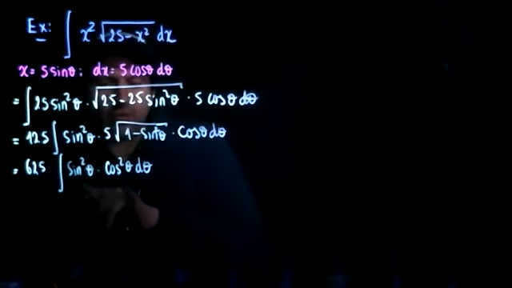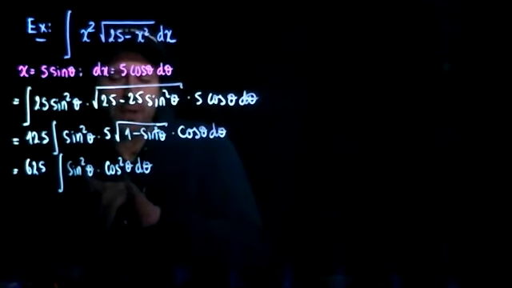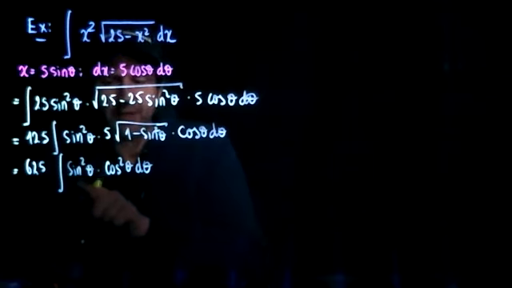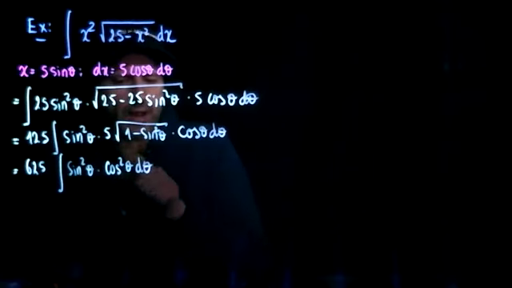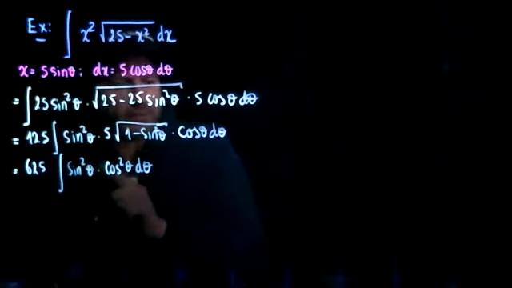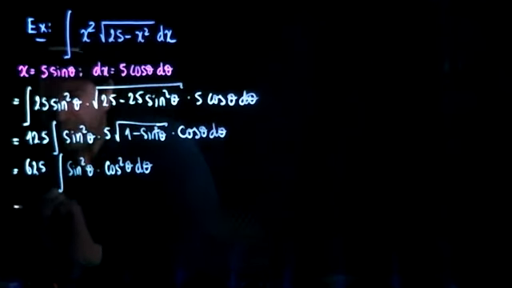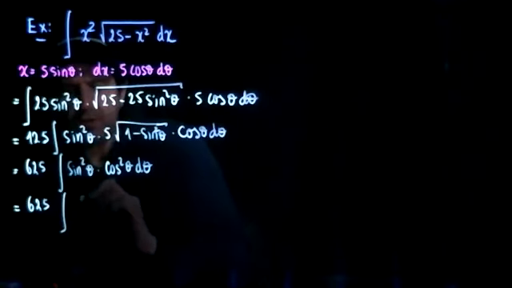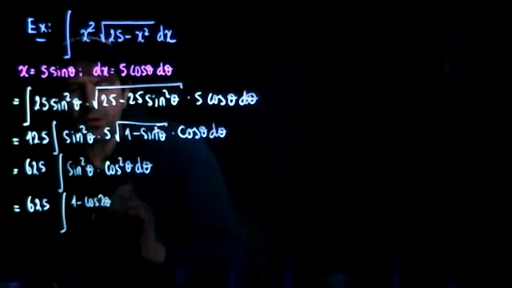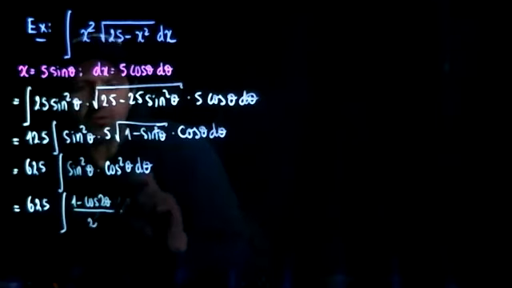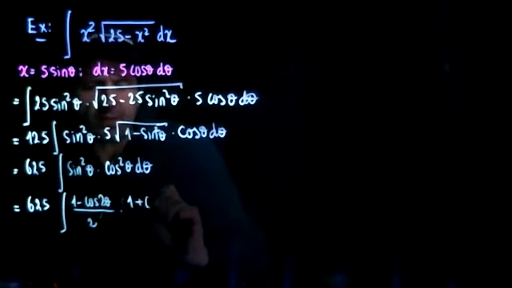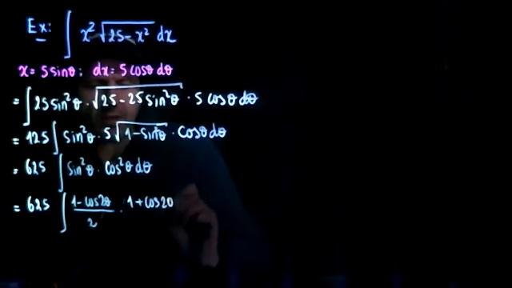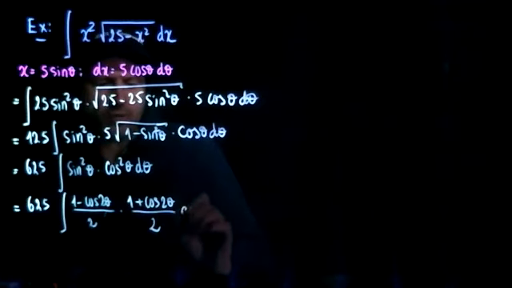Now I have to do this integral. Okay, so this we know what to do, right? We know this type of integral where you have sine power m, cos power n, and they're both even. If you remember, we use the identities. So sine squared is 1 minus cos 2 theta over 2, and cos squared is 1 plus cos 2 theta over 2.